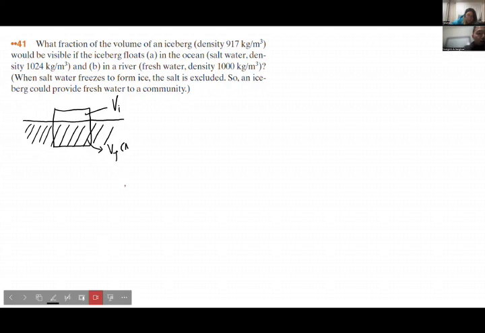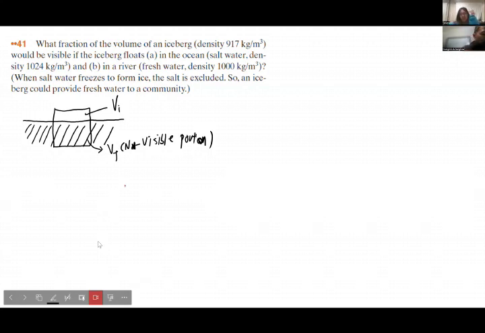That is the non-visible portion. So the amount of the non-visible portion pretty much depends on how much density the ambient liquid actually has.